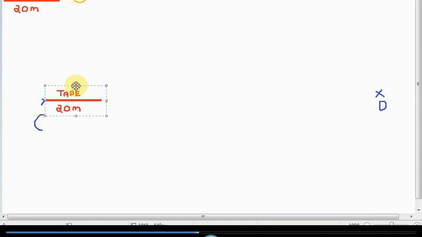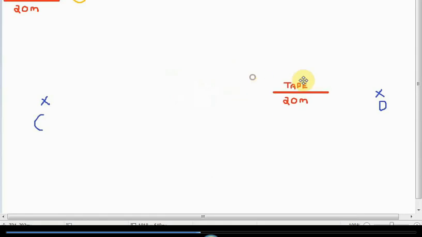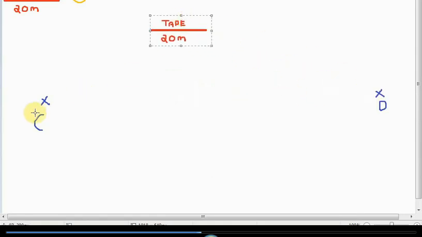So I have to hold the tape many times in between C and D to measure the total length of C and D. But I don't know if I'll end up at D.